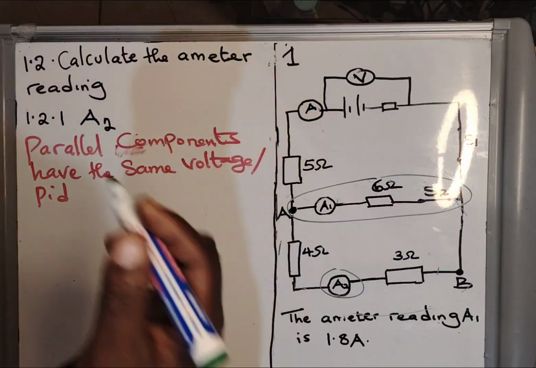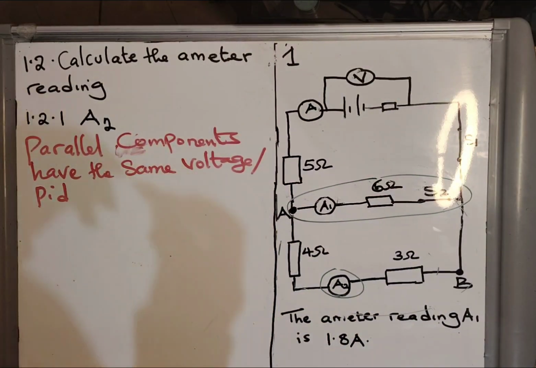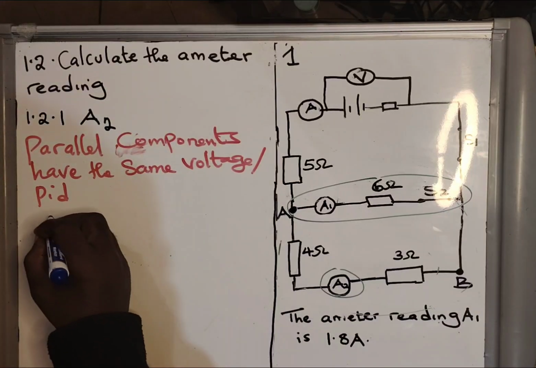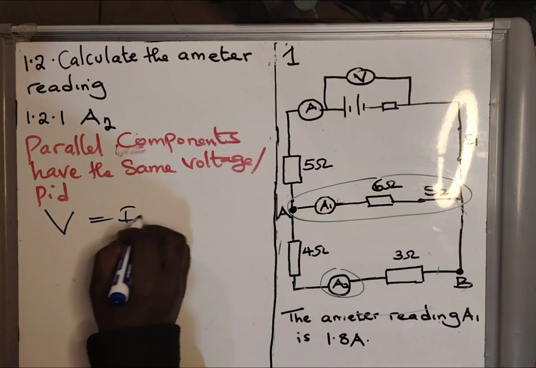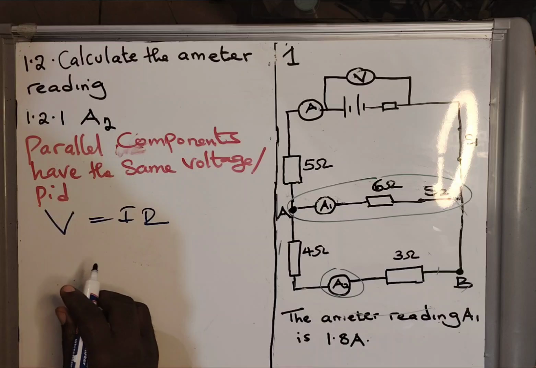And what do we say? From Ohm's law, we say that potential difference or voltage is given by IR.